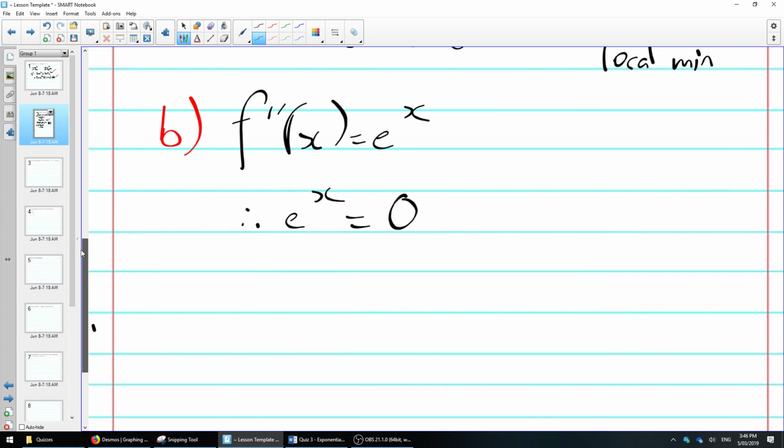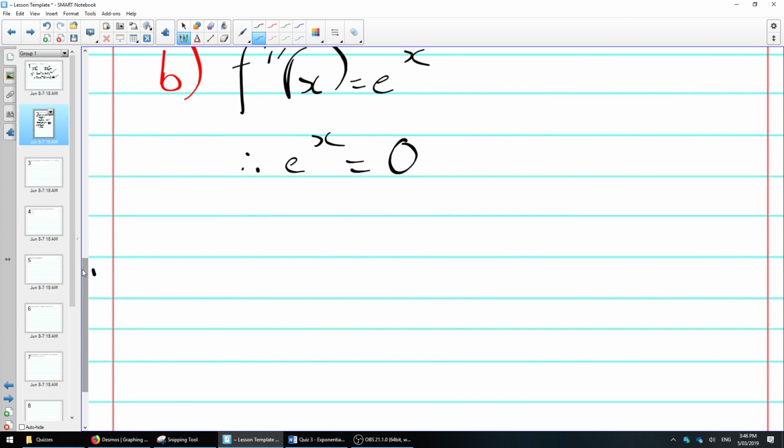And then you literally just say that e to the power of x cannot equal 0. You can just say there are no solutions. Yep, you can say that. But I mean, you should explain why that's relevant.